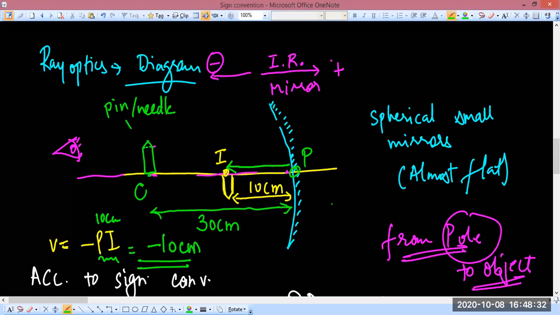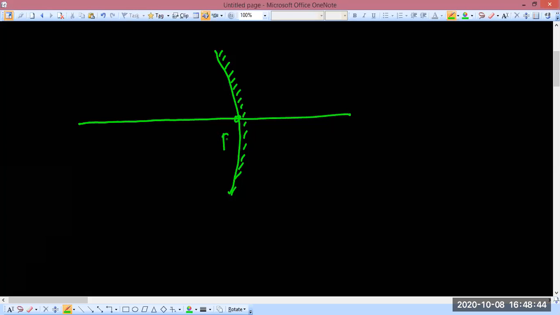Let's take another diagram. So suppose this is a mirror, and let's say this is the principal axis, right? Here is the pole. And let's say that we put a small object, maybe like an ant over here.